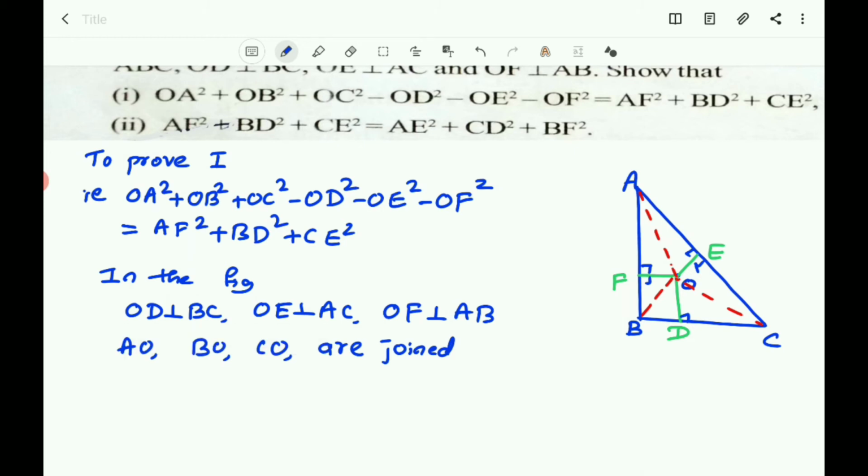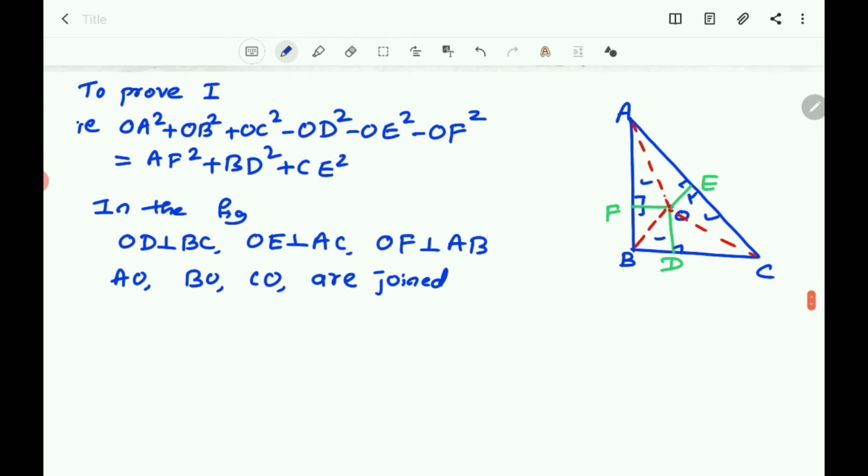Now see the question here: OA, AF is there, so you take this triangle, and next OB, BD is there, so you take this triangle, and OC, CE is there, so you take this triangle, and apply the Pythagoras theorem to these triangles.